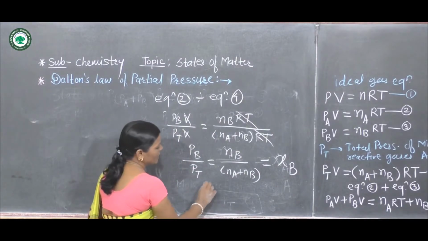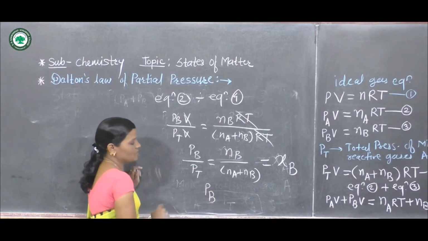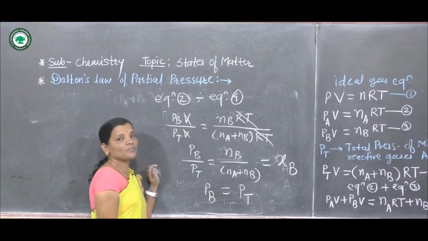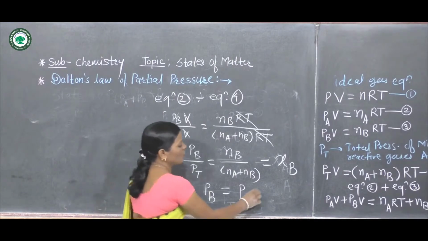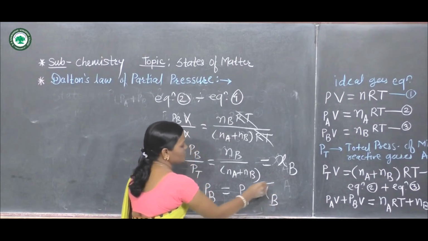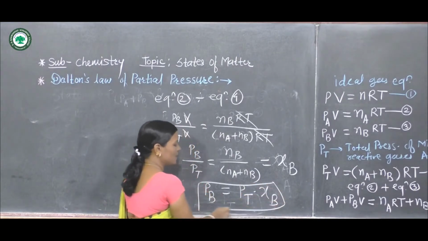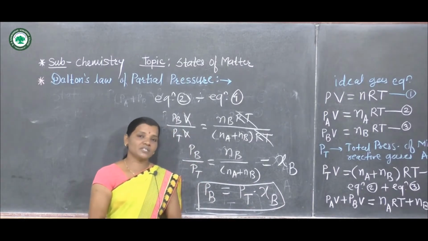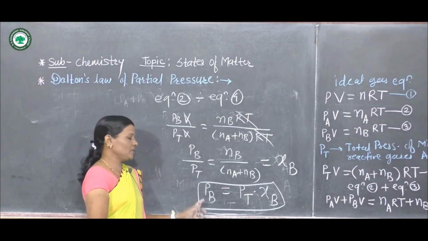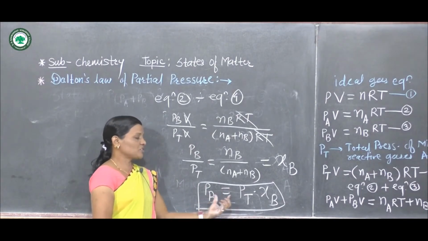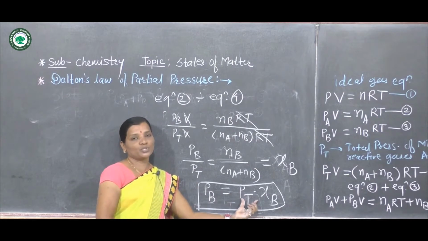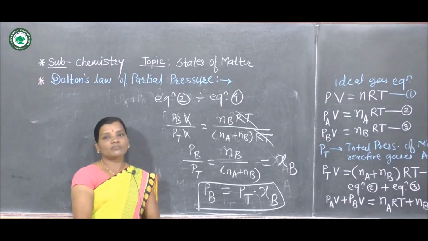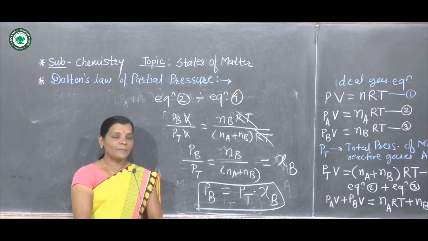And so we can write partial pressure of gas B in a container is equal to total pressure of mixture of non-reacting gases into zeta B, mole fraction of gas B. And so in this way, partial pressures are always related: partial pressure is equal to total pressure of the mixture into mole fraction of that gas taken for study.